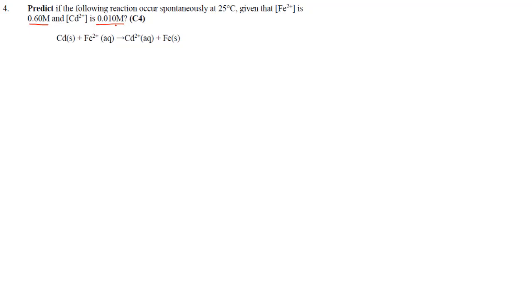Okay, so how do we do that? Okay, so we do it one by one. So what we can do first is write the equation for our anode and cathode, and then find out the E0 value. Okay, so who undergoes oxidation? Our cadmium, from cadmium solid to cadmium ion. And who undergoes reduction is our iron.